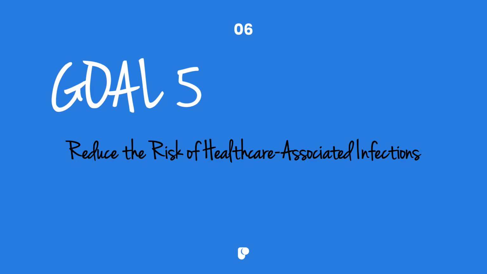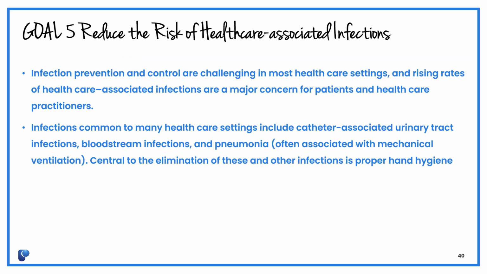Moving on to Goal 5, which is to reduce the risk of healthcare-associated infections. So what does it mean to reduce the risk of healthcare-associated infections? Infection prevention and control are challenging in most healthcare settings, and the rising rates of healthcare-associated infections are a major concern for patients and healthcare practitioners.